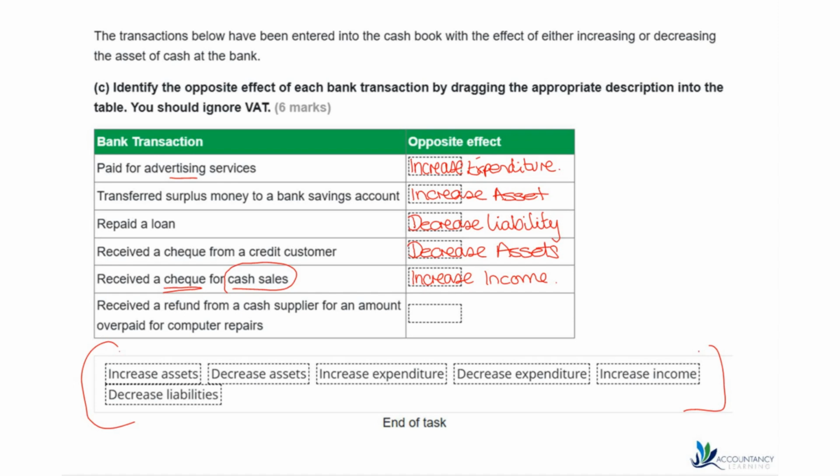And then finally, we've received a refund from a cash supplier for an amount overpaid for computer repairs. So we've had the money come back in for the cash supplier, and originally we've put these computer repairs in as an expense. So now that we're getting the refund for them, it means that we are decreasing our expenditure.